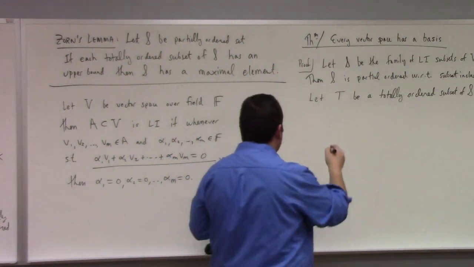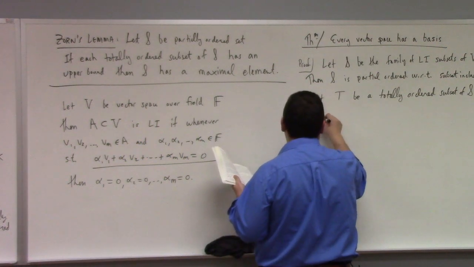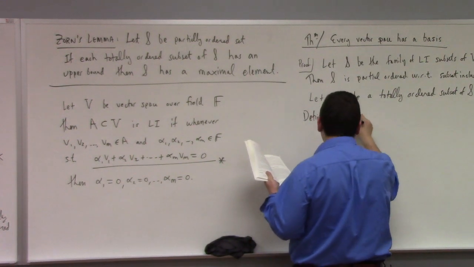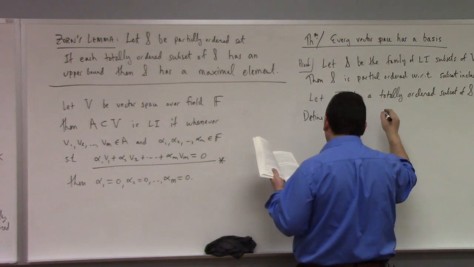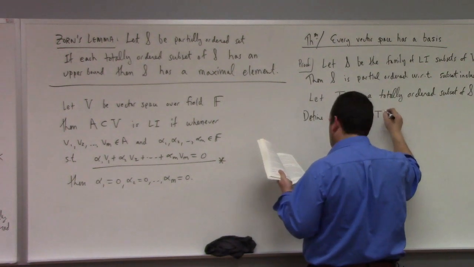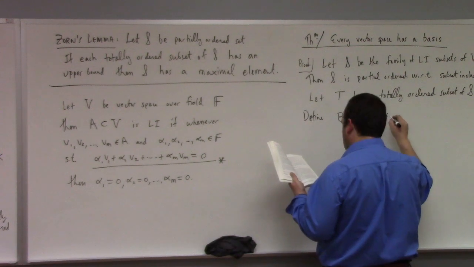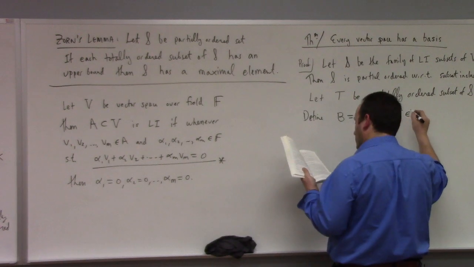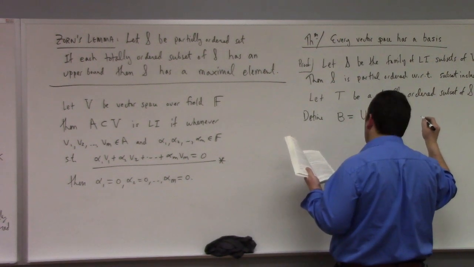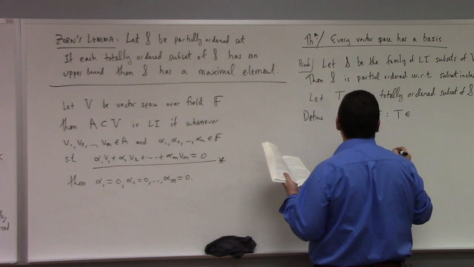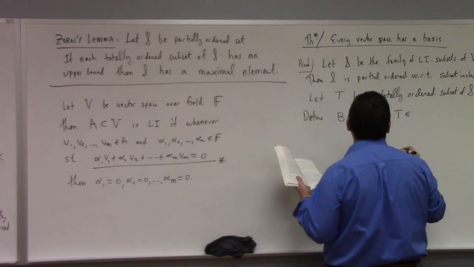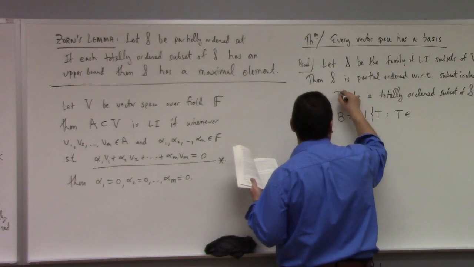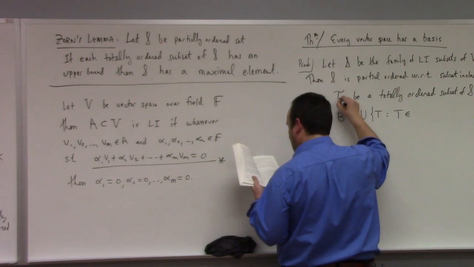And then he defines B, big B, equal to the union of T such that T is an element. Oh, curses. I've become a victim of my own failure to comply with his notation. This is supposed to be a scripty T. Curses, I can't.